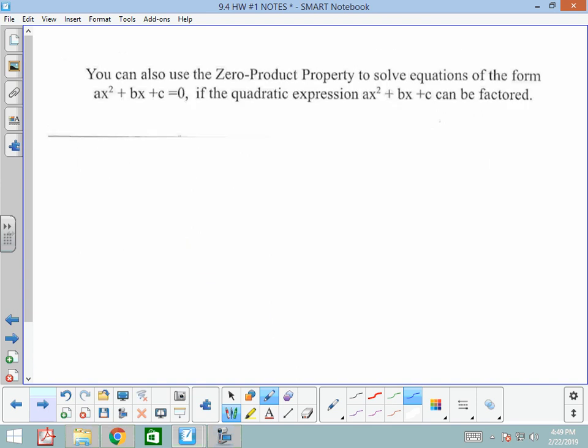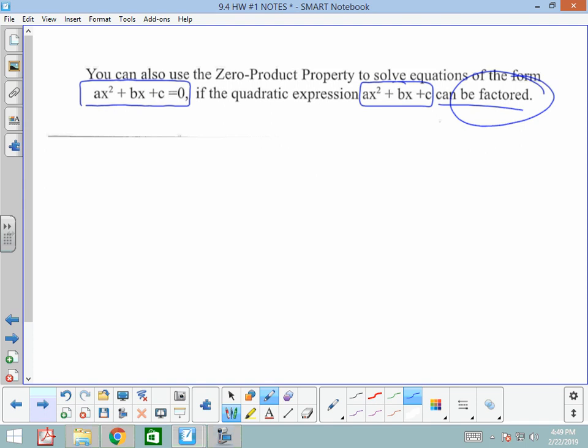All right, now you can also use the zero product property to solve equations of the form ax squared plus bx plus c equals 0, if the quadratic expression ax squared plus bx plus c can be factored. I will tell you every single one we're going to do can be factored.